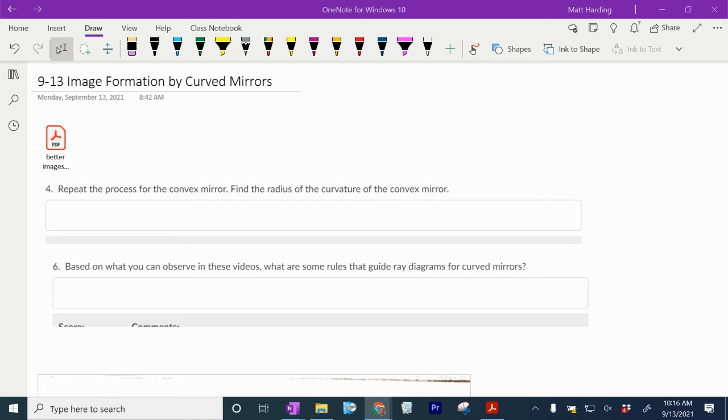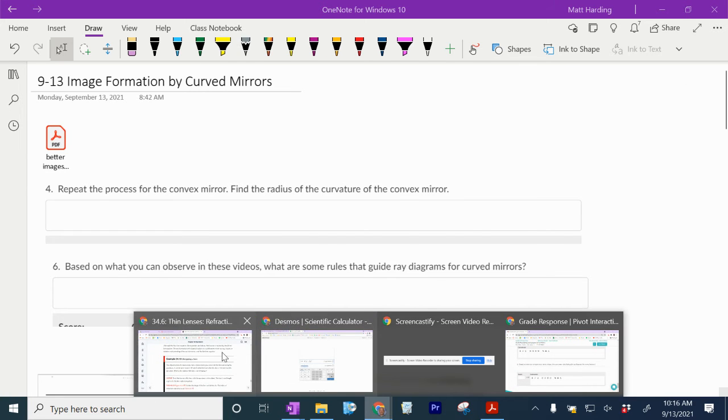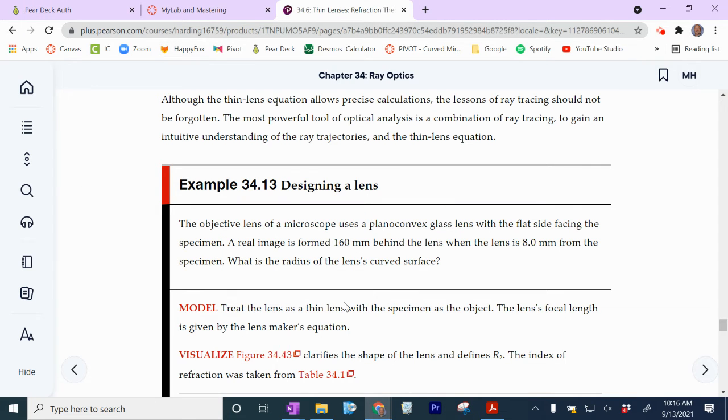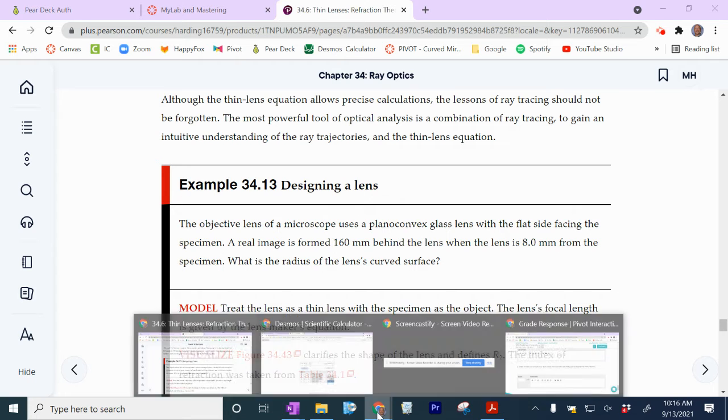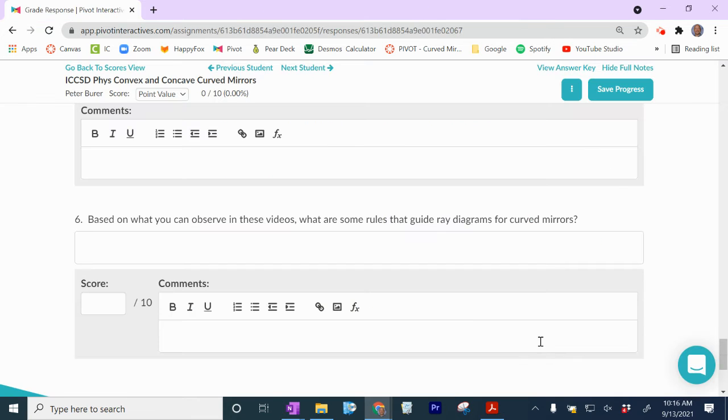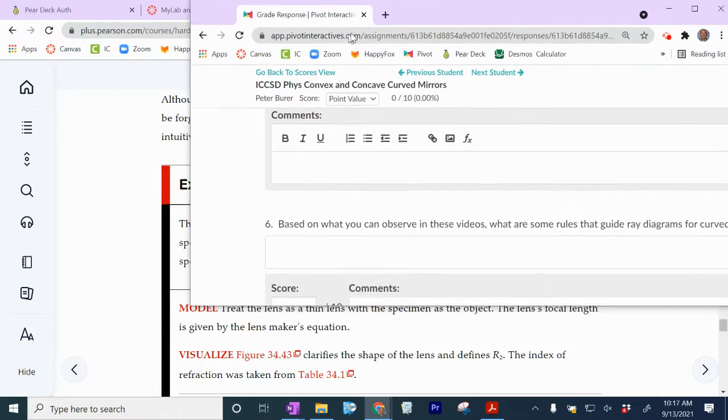Can you return mine? Yep. We're doing it on the other.